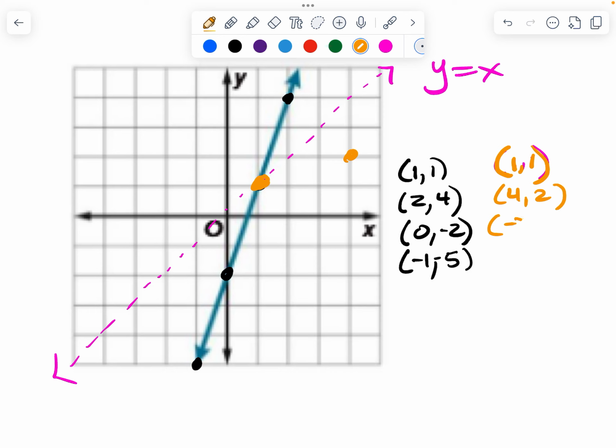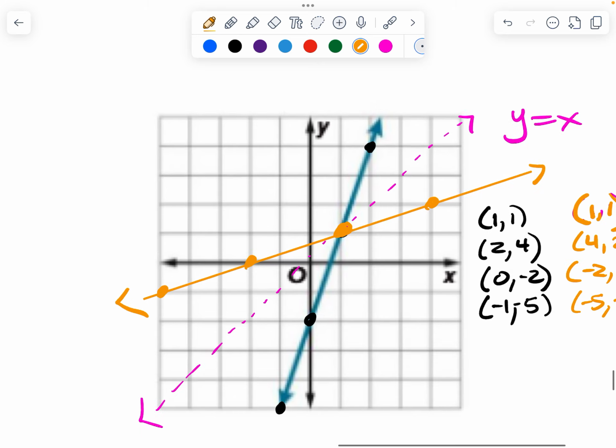I switch this around, (negative 2, 0). And (negative 5, negative 1). Then I draw my line. And that is finding the inverse.